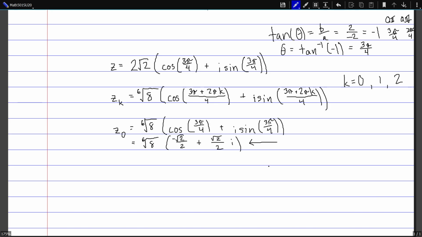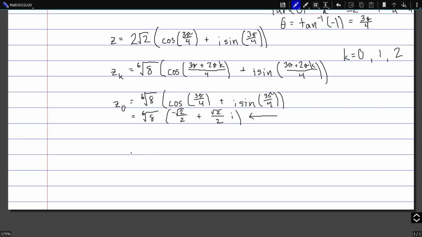So here's what our remaining roots are going to look like. z sub 1 is going to be equal to the 6th root of 8 again, out front. Inside with our 2 arguments, since k is now increased to 1, we're going to have 2 pi plus 3 pi in each case. So this will end up being 5 pi over 4.